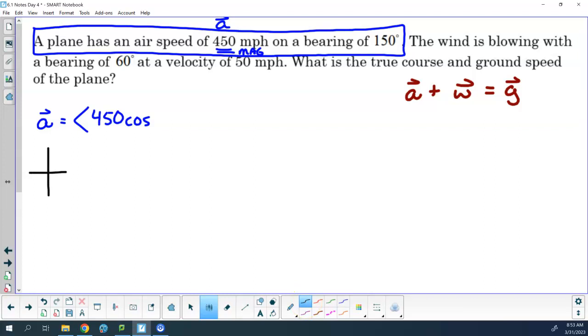So which quadrant is a bearing of 150 degrees in?